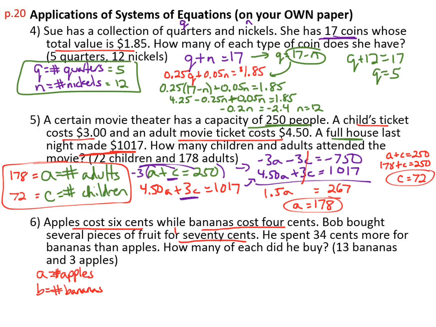So there's his total cost. So 6 cents, or 0.06A for the apples, plus 4 cents, or 0.04B for the bananas, and that total cost was 70 cents.